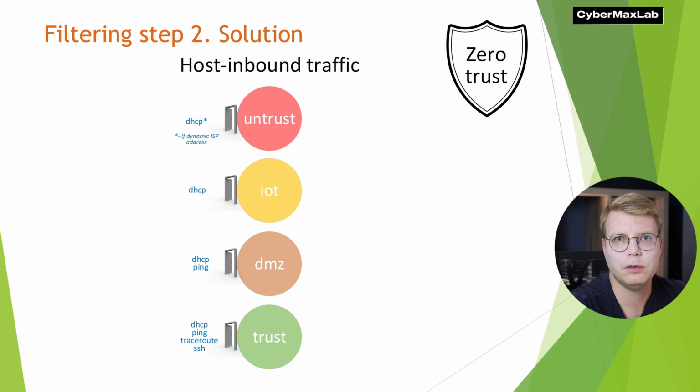For the DMZ, we'll provide ping and DHCP. Again, I usually prefer to keep a small DHCP pool for the DMZ, just for initially bringing up devices before I assign a static address. And the trust zone, where I will allow DHCP, because again we are the DHCP server, ping, traceroute, and SSH. So this is the way we'll manage the SRX itself from our laptop.